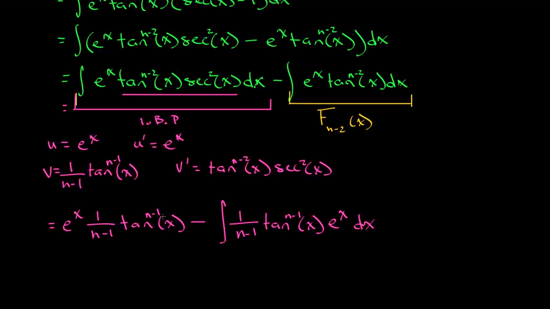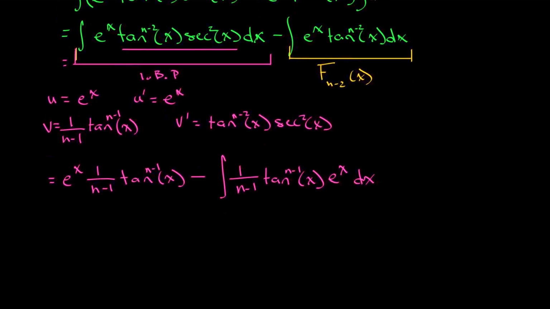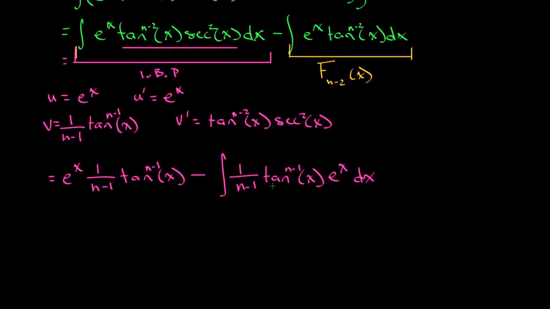This is just integration by parts laid out for us, and now let's see what kind of things we can pull out of it. Again, we're trying to get this integral maybe to look like something in our notation. We want capital F sub something of x coming out of this. So let's see what we have. Looks like in this integral, we can factor out 1 over n minus 1. That's just a constant, and that might help us out. So let's write this out.